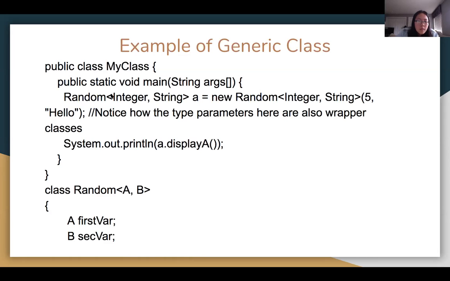If you look at the original code for them, you can see that they're actually generic classes with things like A and B for them. So yeah, they're generic classes, which is why we have to put angle brackets and then data types in here, which is why it says also wrapper classes. Otherwise, you can see that we initialize it the same as ArrayLists and other things, like this.